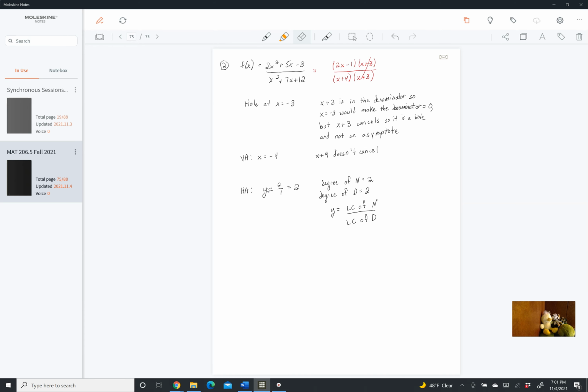Technically, we don't have to go any further. The slant asymptote we already know can't exist because there's a horizontal asymptote. So we can look at 2 reasons here. If there's a horizontal asymptote, there is no slant asymptote. So you don't even have to go any further. But we can also say the degree of the numerator is not 1 plus the degree of the denominator.